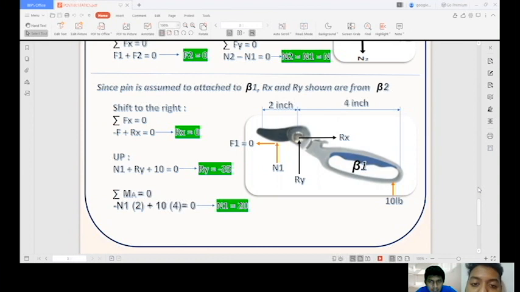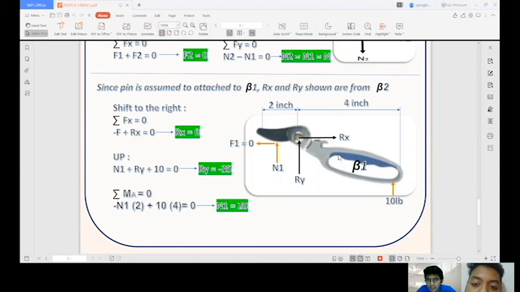sorry, I should have explained about the diagram. We have the diagram with the measurement, which is 2 inches from the tip of the cutter to the mid of the cutter, which is where the nut, the pin, is located.